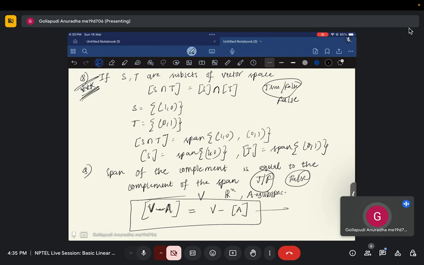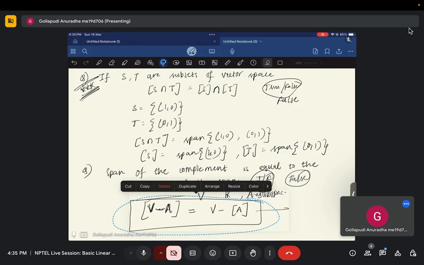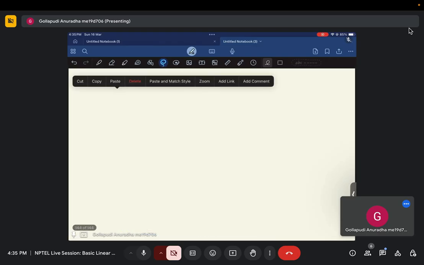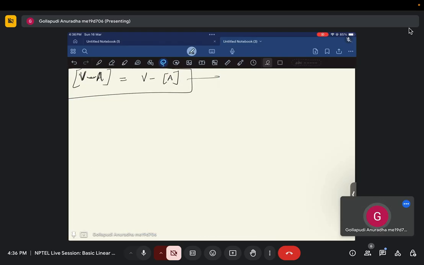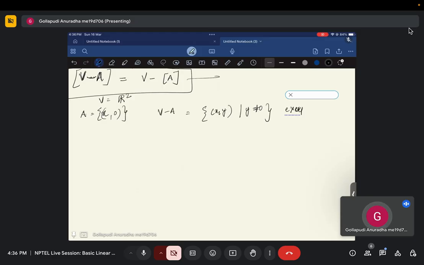Now let me take one example. Suppose V is in R2 space, and suppose I'm taking A as the x-axis, which means that V minus A is x comma y where y is not equal to 0, which means everything except the x-axis.